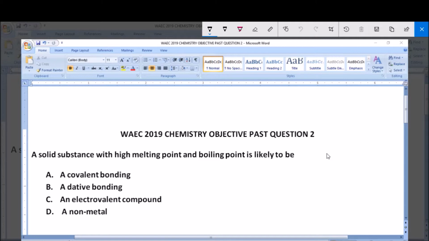So the other option is option B, which is a dative bond. A dative bond can also be referred to as a coordinate covalent bond, and it's a kind of covalent bond in which the electrons that are to be shared are derived from one of the constituent atoms.